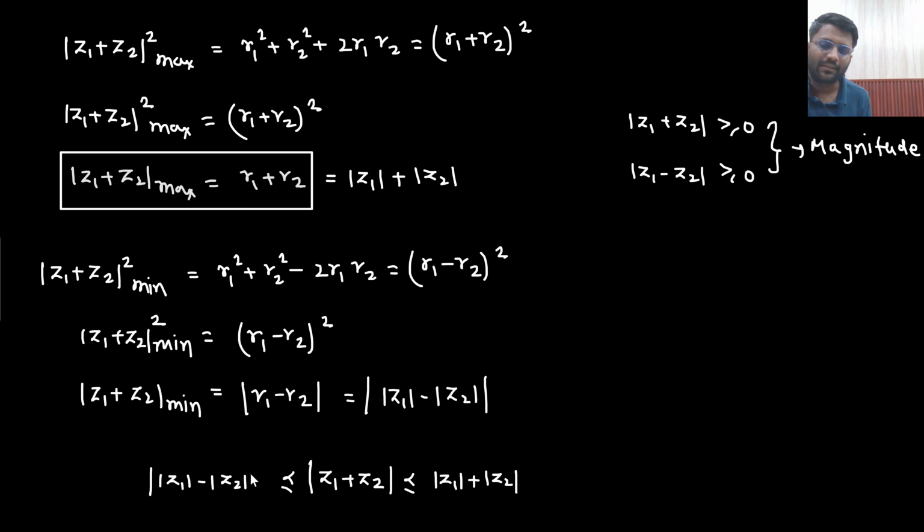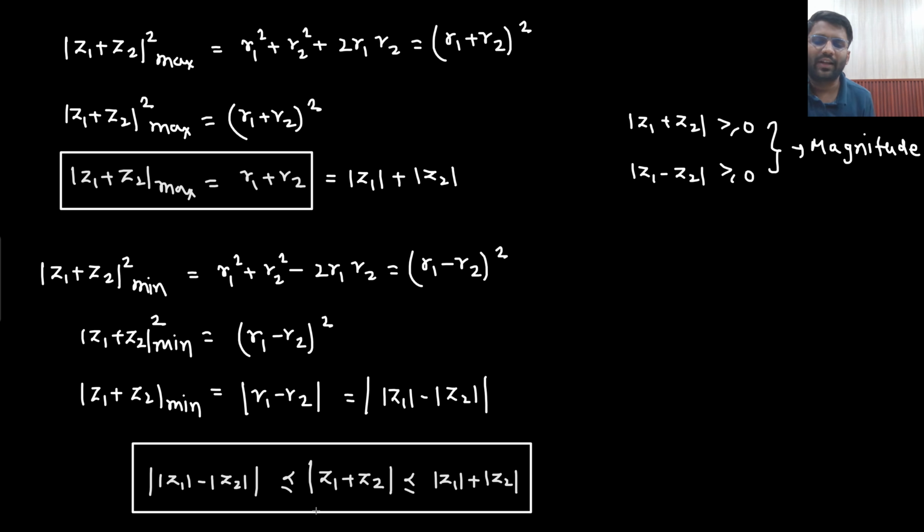This is the answer that you are getting, and you don't need to remember it. Eventually you will remember it, otherwise you should have the confidence of deriving it. It should not take much time. You can remember what it is greater than and what it is lesser than.